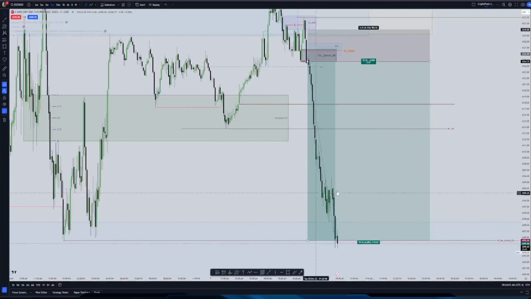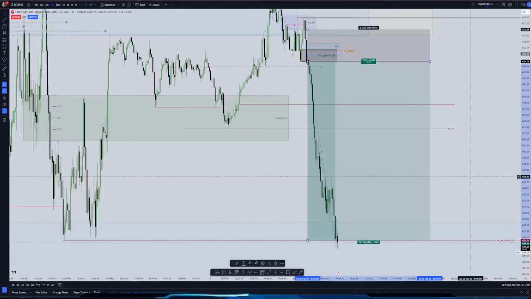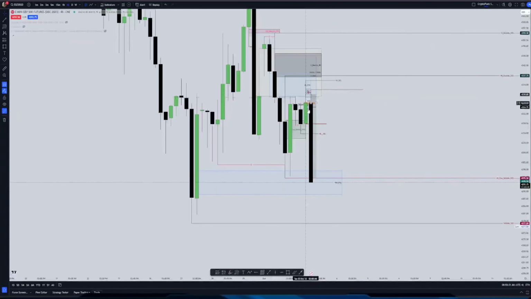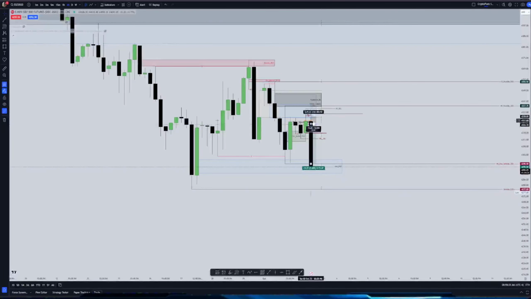Since I'm not trading at the moment, I was not expecting this big of a candle. I was expecting price might come and retest the fair value and then go for that one. But within that single 4 hours candle, market took what it left behind.